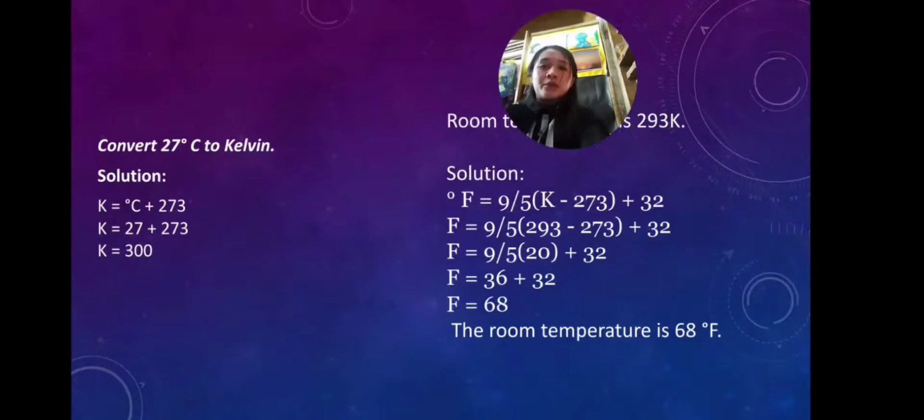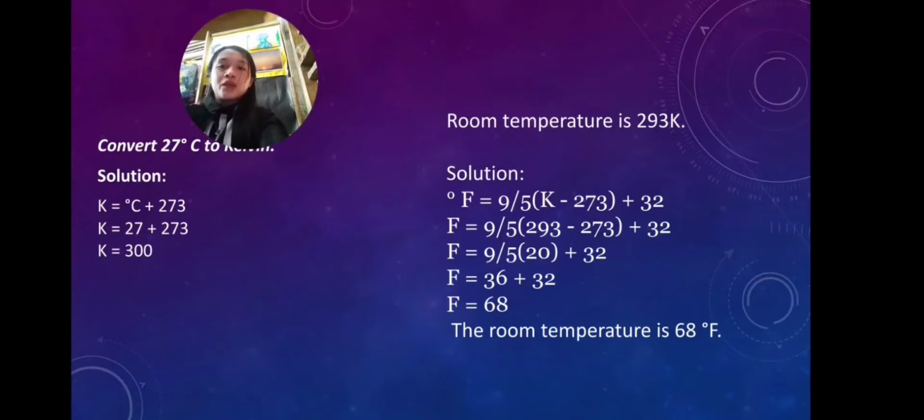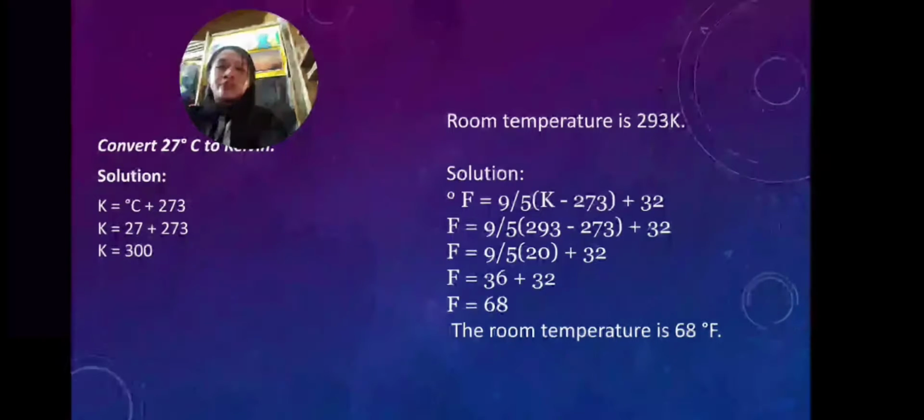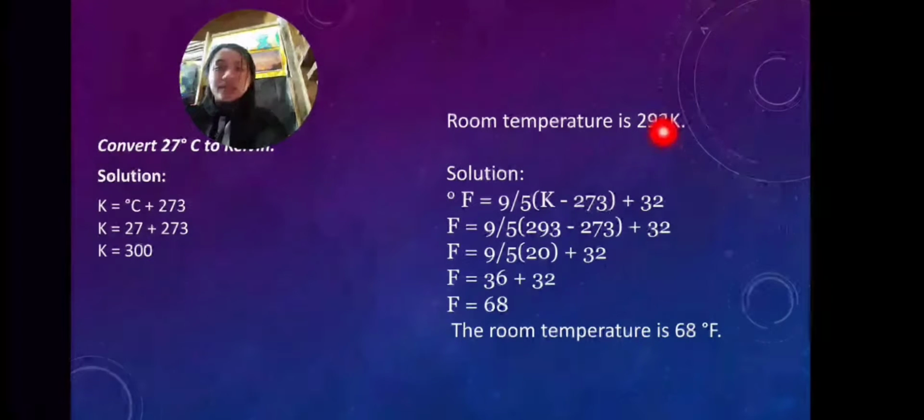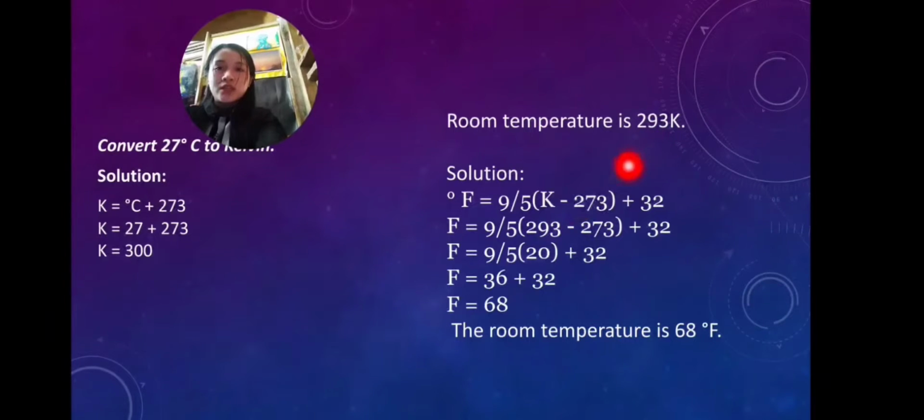Another example, for Kelvin to Fahrenheit: the room temperature is 293 Kelvin. The solution: degree Fahrenheit equals 9/5 (K minus 273) plus 32. Substitute 293 for K, and 293 minus 273 is 20.